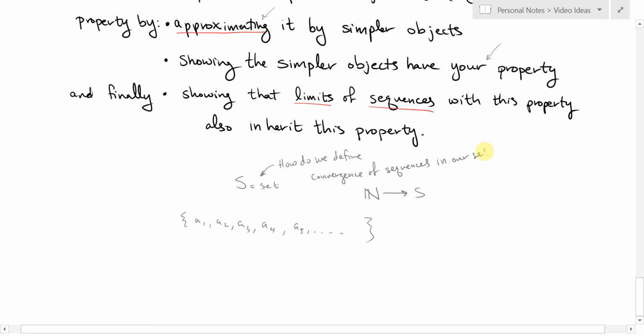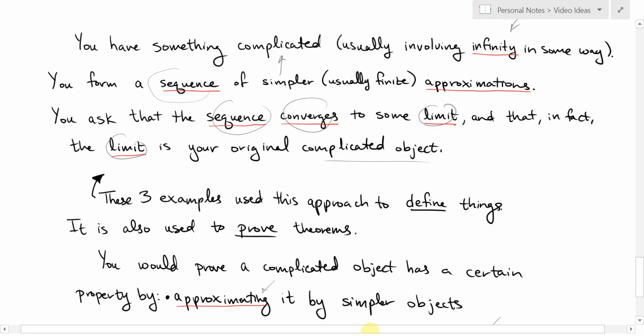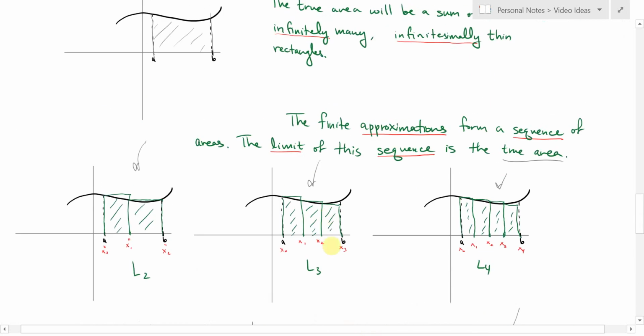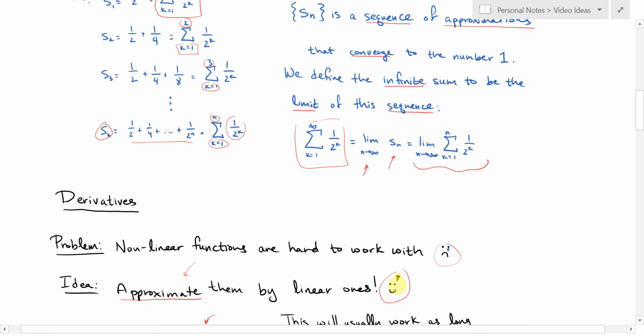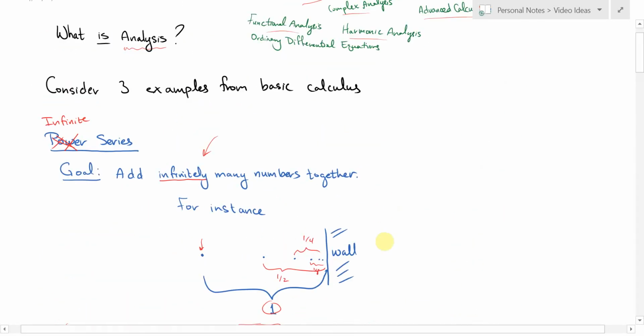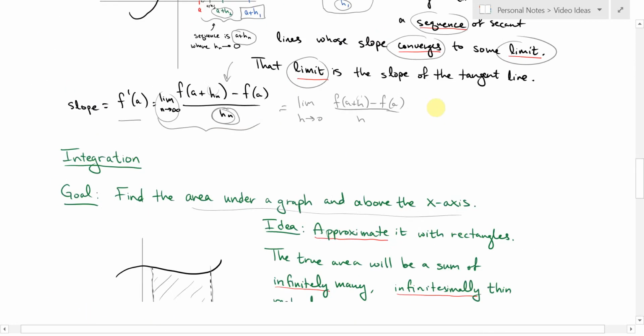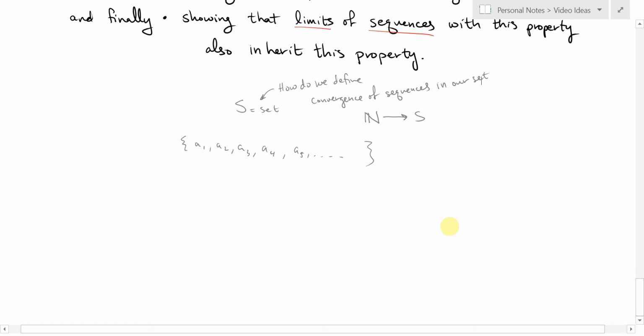Usually we have to impose some extra structure. So this video is pretty general. It's driving at what is analysis. So this isn't just going to be used in my complex analysis videos. It's going to be used in probably many more videos to come, any kind of analysis videos. So we're always going to have to worry about this question of what precisely convergence and limits of a sequence in our set is.